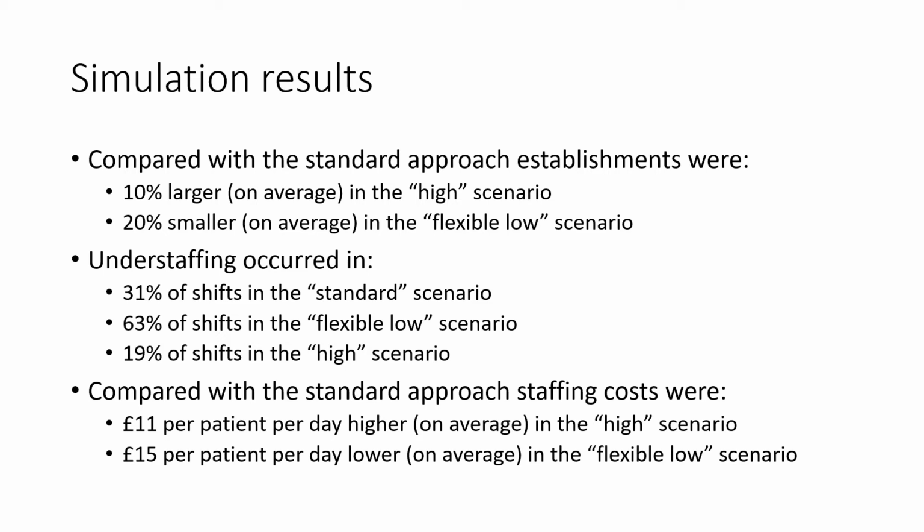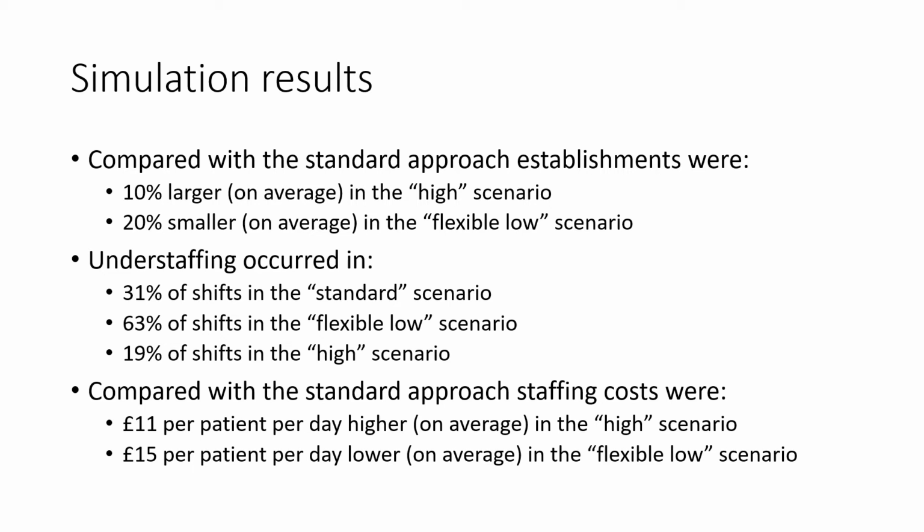The effect of these decisions in terms of frequency of understaffing was that 19% of shifts were understaffed in the high scenario, but 63% of shifts were understaffed in the flexible scenario. These both compare to 31% of shifts being understaffed for the standard approach.